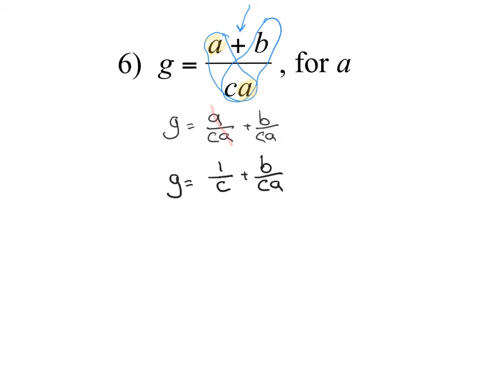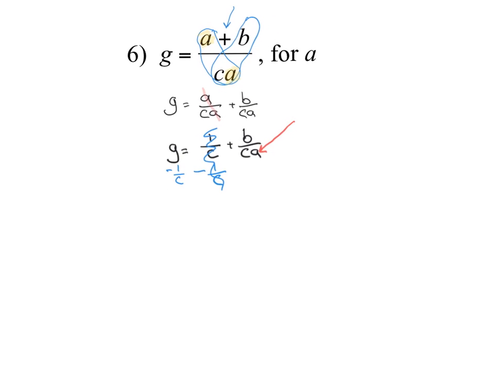So I'm just going to rewrite this again in a whole different fashion. G equals 1 over C plus B over CA. Okay, what are we trying to get by itself? That guy, all by itself. All right, so how do we start to get rid of this thing? Well, let's first subtract 1 over C to get rid of that. But you got to subtract 1 over C from this side. So literal equations mean that you just leave the junk there. G minus 1 over C equals B over CA.